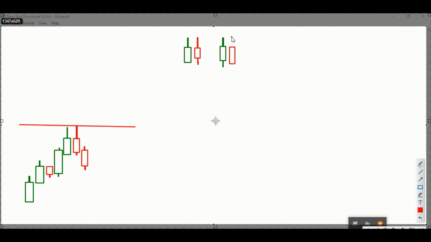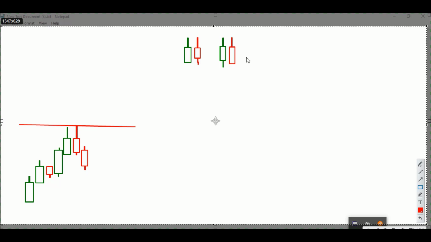I am showing here, yes, almost the same size. Sometimes it's a little bit high, sometimes a little bit low. But we have to know the main concept. What is the main concept?